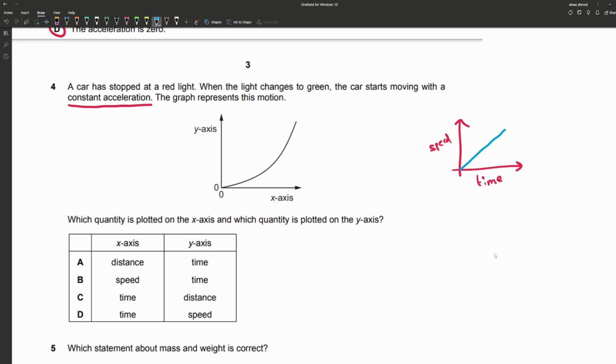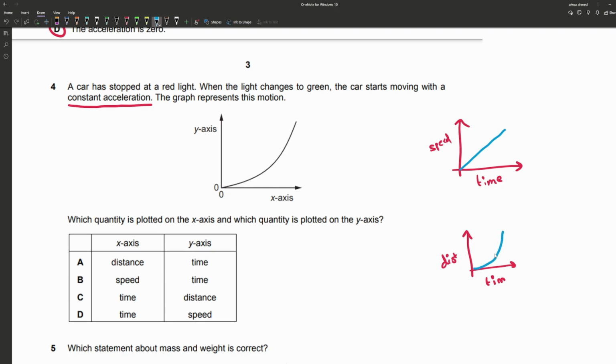It is always a straight line, and it can have a gradient, but it is always a straight line. Okay, but if we talk about distance time graphs, for constant acceleration, the distance time graph will look something like this.